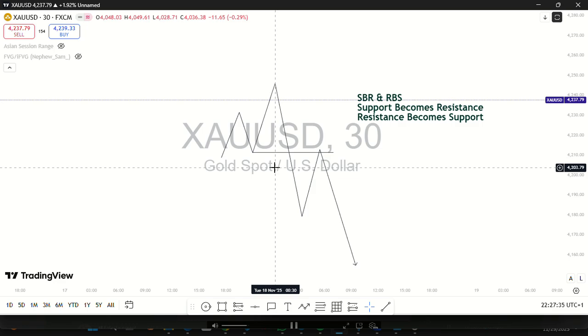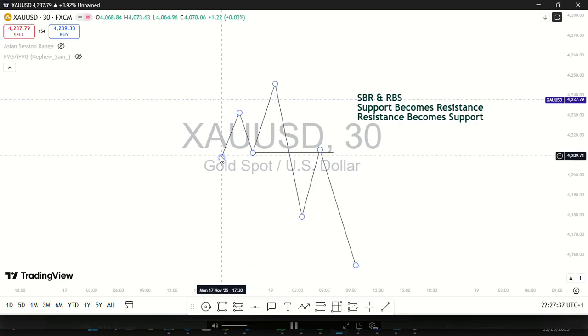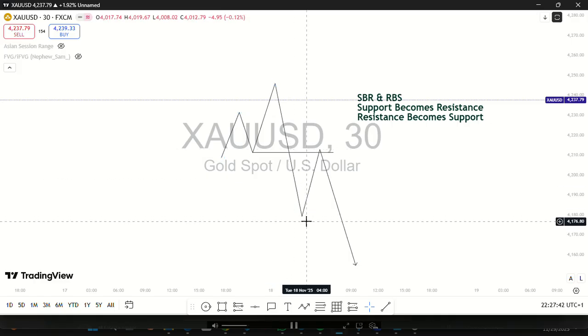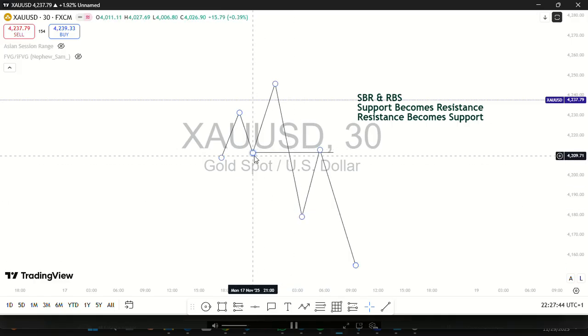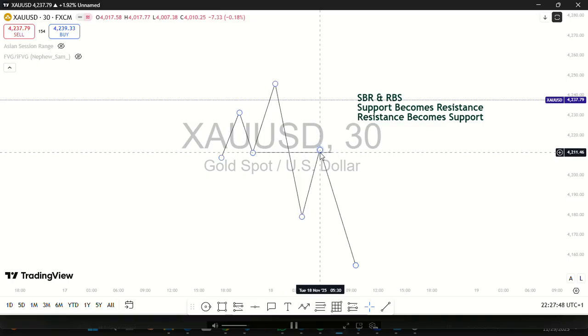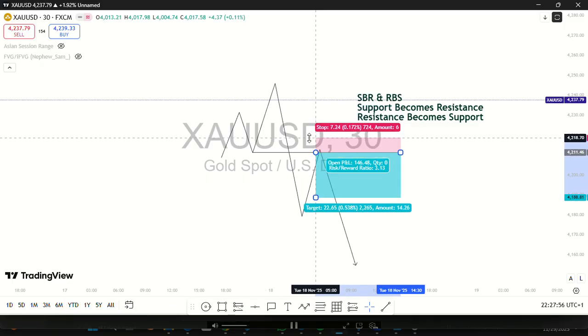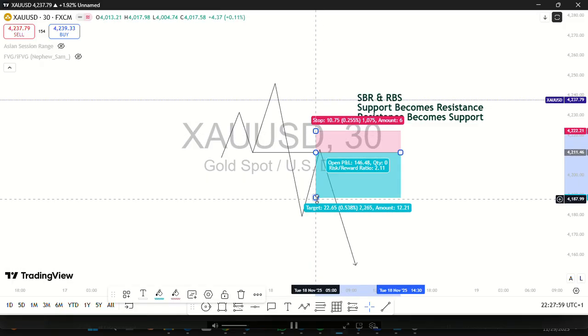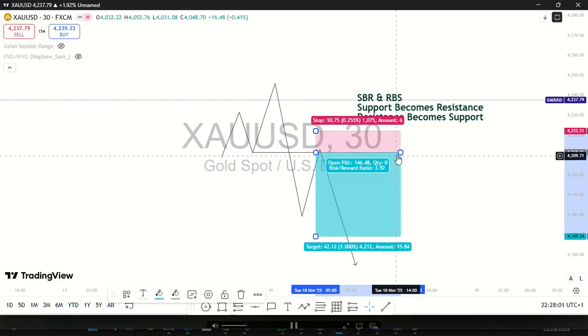For instance, this was a bullish market, price was going up, but all of a sudden, price came down. This was a previous support. Now this support will become the new resistance, whereby we can trade off of in this market, and we can get our perfect trade and get our money.